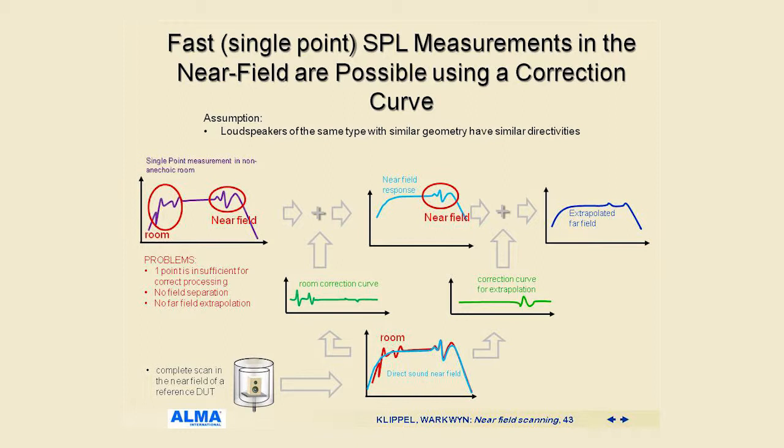Then another correction curve for the extrapolation, and we apply that as well. And we get the correct curve in the extrapolated far field. This method allows a single point on-axis measurement for transducer and/or crossover development comparisons. In other words, a full scan is required initially, but after that, a single point measurement will be sufficient.